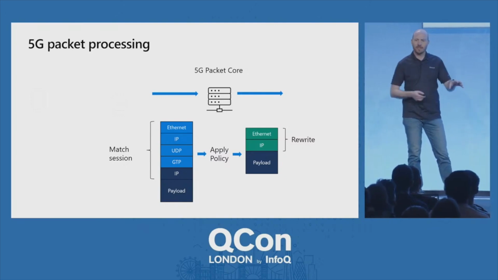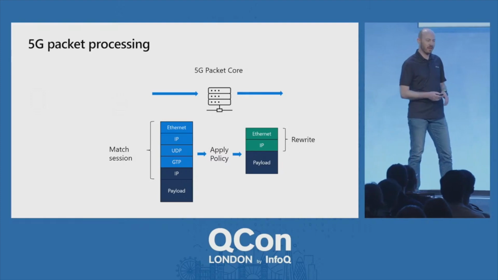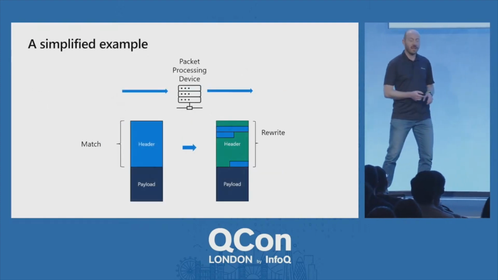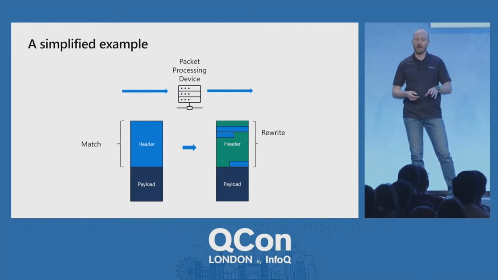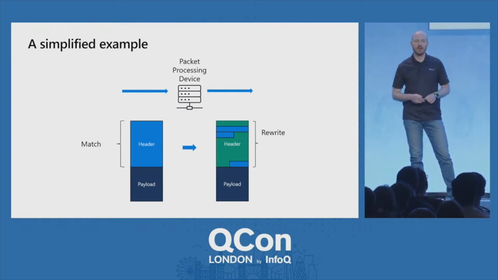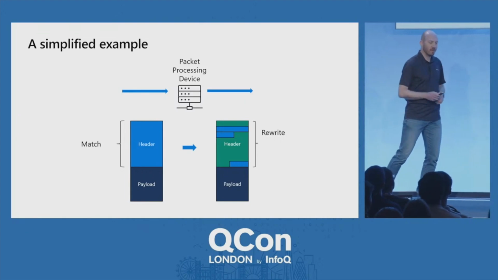Now, I'd love to do an example today with a real 5G packet core, but it's far too complicated. So today we're going to use a really simplified version, look at the code, and keep iterating that code, adding in performance optimization techniques and measuring what difference they make. So here's my simplified example.